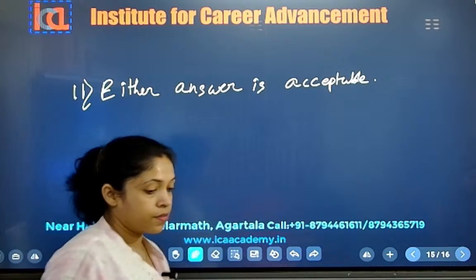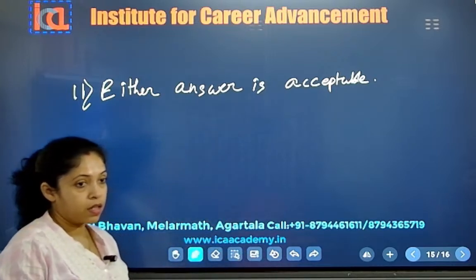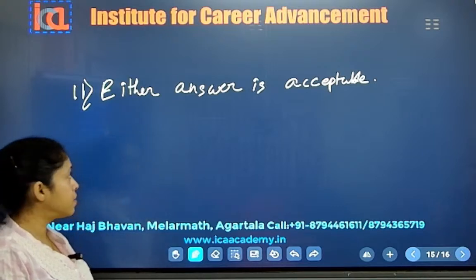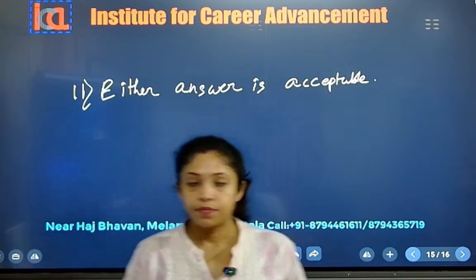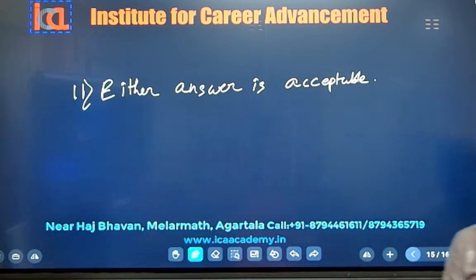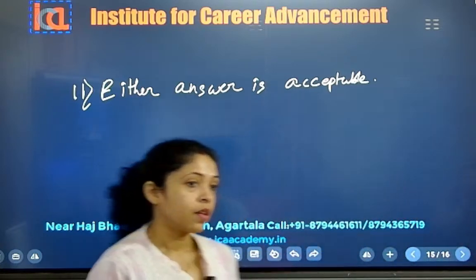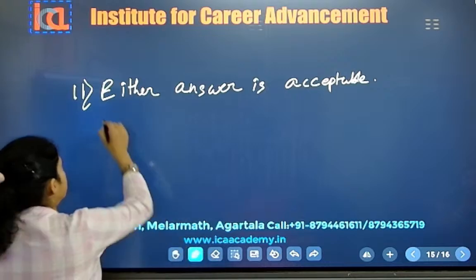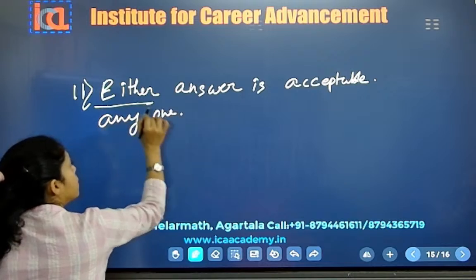Is it correct, or is there an error? It's correct. Why? Can you explain why it is correct? The answer is the subject. We use either with the answer in singular form. What is the meaning of either? Either means anyone, any one answer.